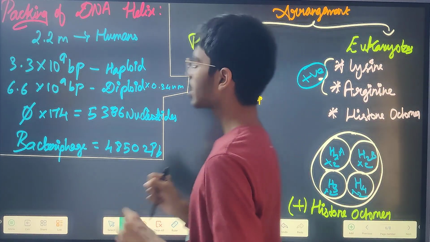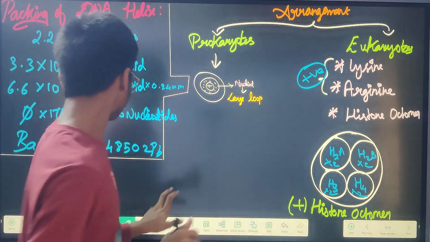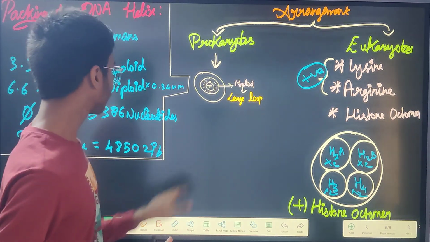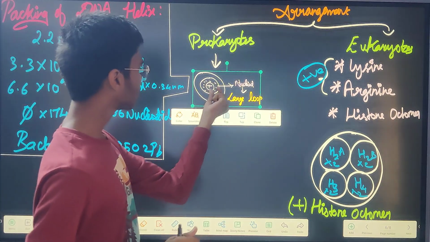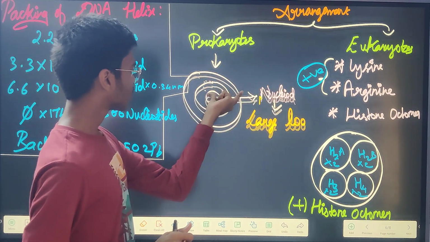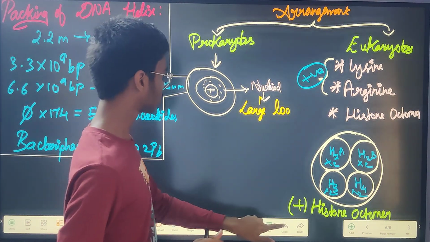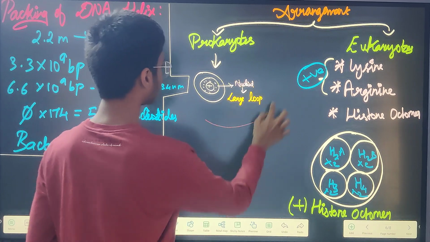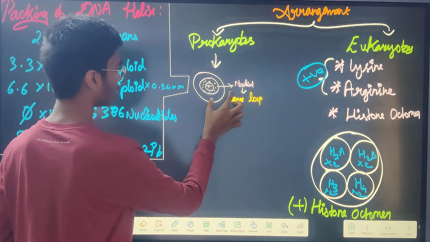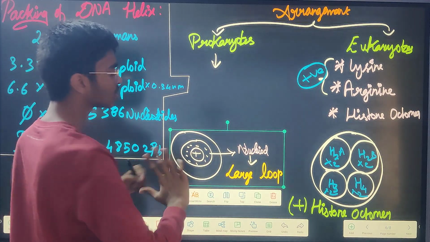So coming to prokaryotes, in a cell, since there is no nuclear membrane, it does not mean that this DNA will be spread everywhere. It will not be all around the cell.